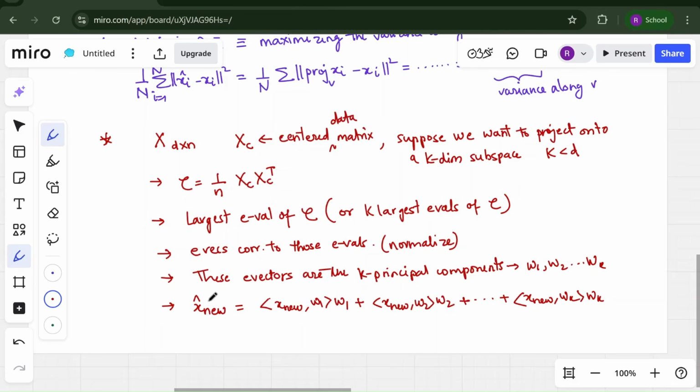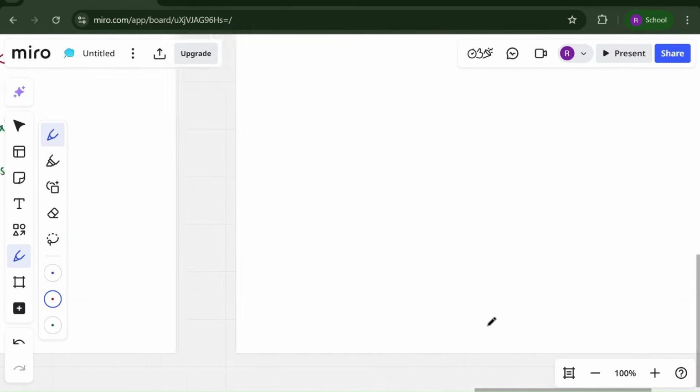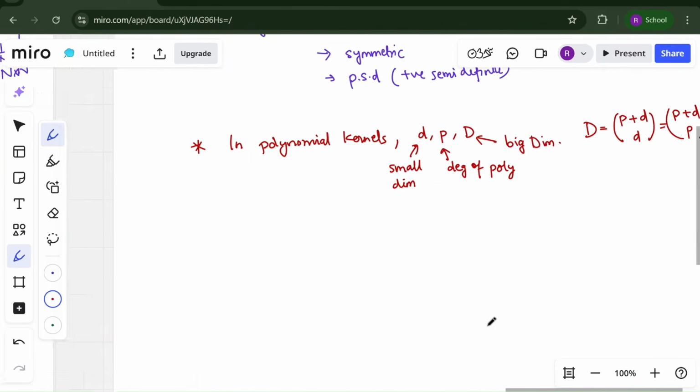This is the projection of x new onto the span of w1 up to wk. This is the new data point that we will consider as a representative of x new.